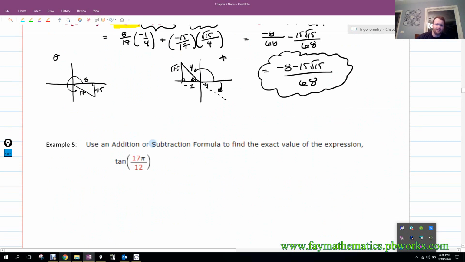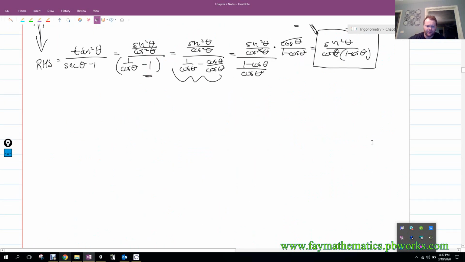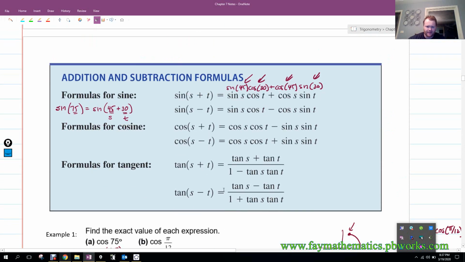So the tangent of S plus T is equal to tangent of S plus tangent of T over 1 minus tangent of S times tangent of T. As we look at this formula for the tangent, you see that this is a plus sign and that's a plus sign, so the numerators are the same sign.